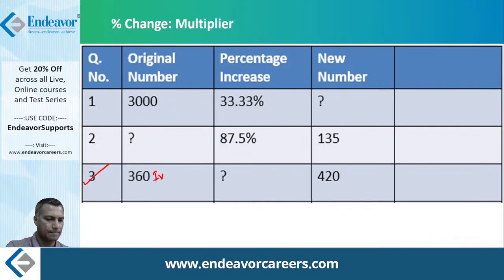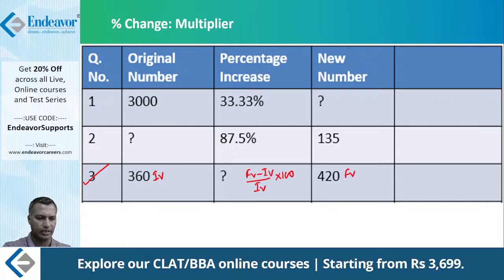If you go by the school method, what you have learned, when you want the percentage increase, is final value minus initial value, divided by initial value, into 100. Pretty simple one. So this is what you would have learned there.